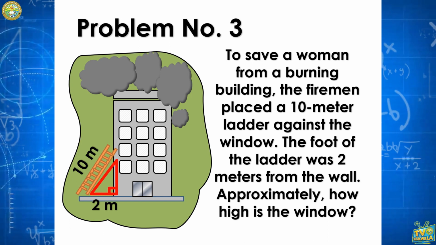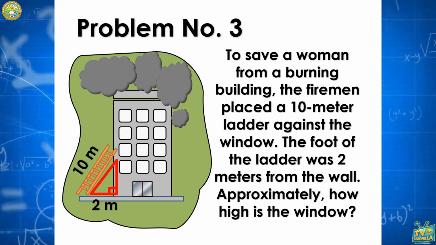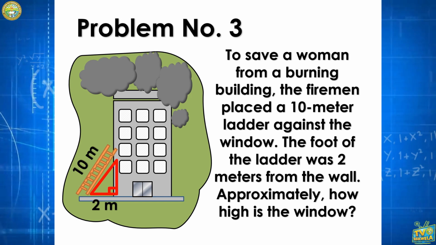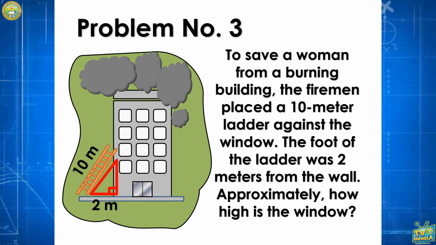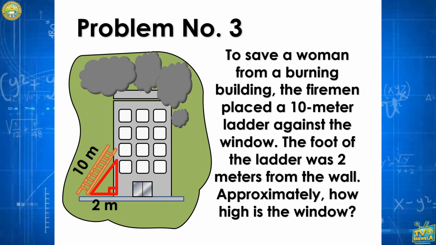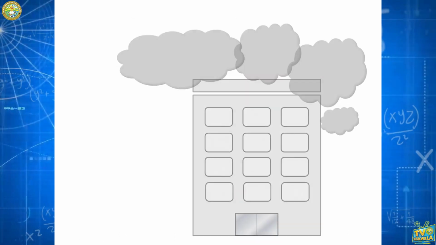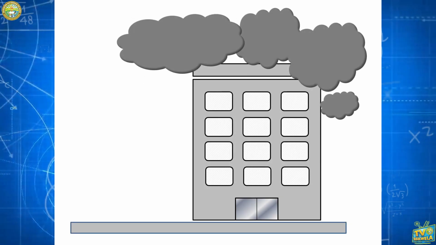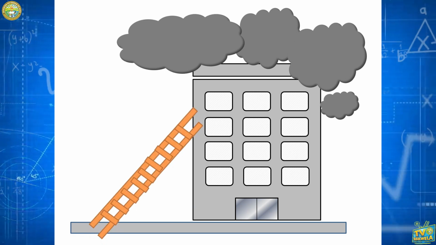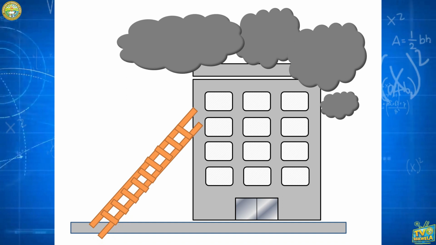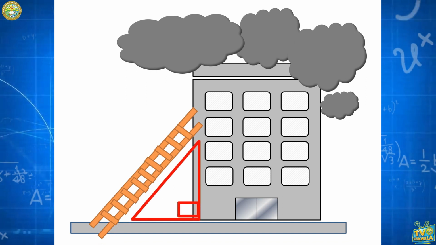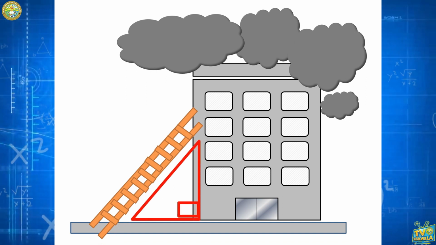This problem would be easier to solve if we use illustration. So, we will draw a diagram that represents it. The building, the ground, and the ladder placed against the window forms a right triangle. The diagram looks like this.